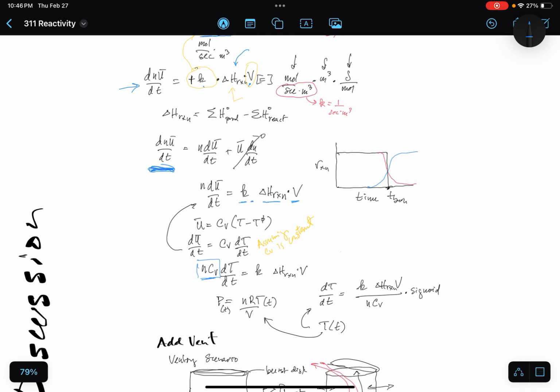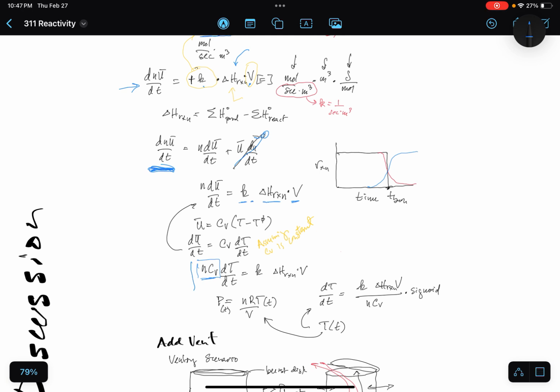You can differentiate it by parts, and dN/dt is 0 there, so you have total moles N, and then you get dU/dt, where U is the internal energy, and it's the heat capacity at constant volume, times the change of temperature with respect to time.